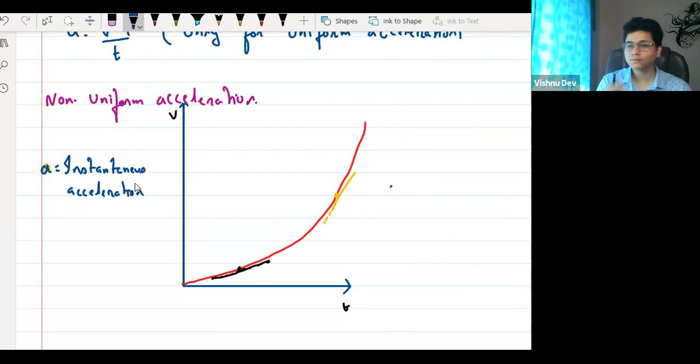And how to find instantaneous acceleration? Everyone, tell me, especially foundation students, how to find that acceleration? Tell me. Differentiation. Very good, Rohan. Very good, others. Because we want to find the change in velocity when time is changing at a very small time interval. आपको समझ में आया differentiation का use, right?